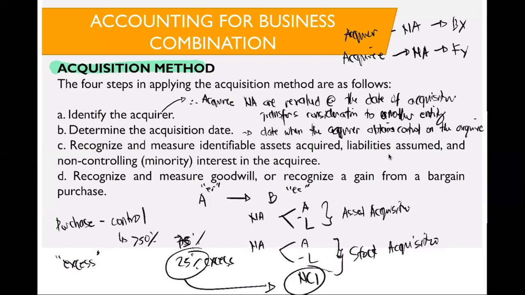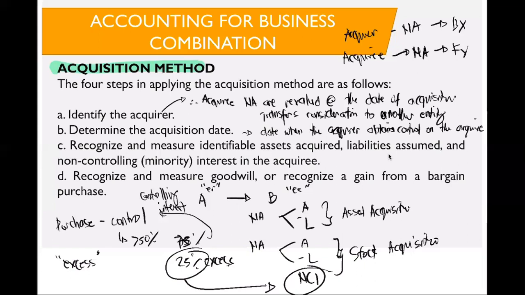So how do we do it? So at the date of purchase, you look at the ownership interest purchased. So for example, we purchase 75%. So there is an excess ownership, and that is 25%. The 75% represents control. We call this one your controlling interest. How about the remainder, which is 25% or the excess?